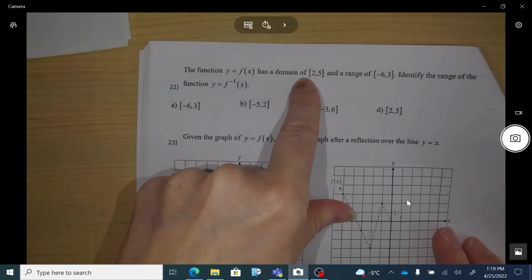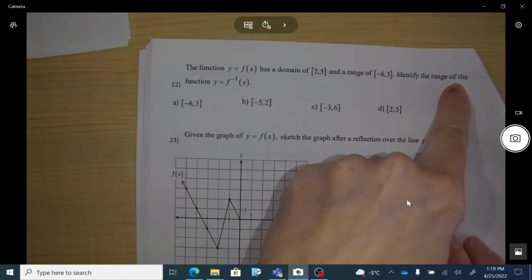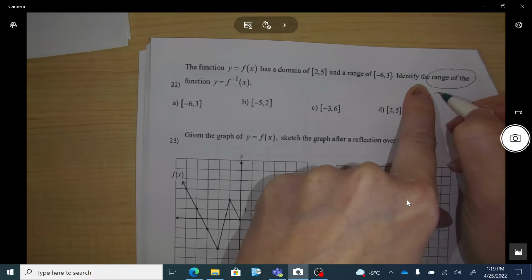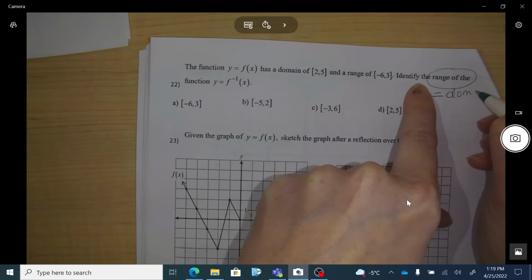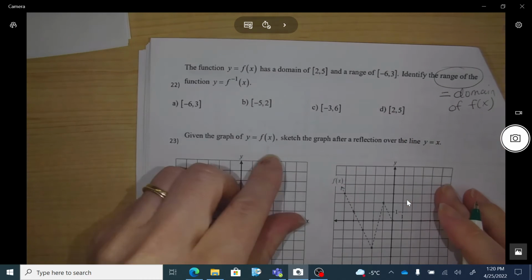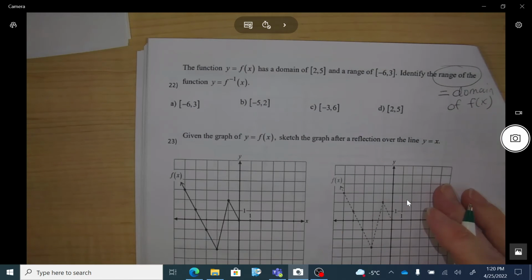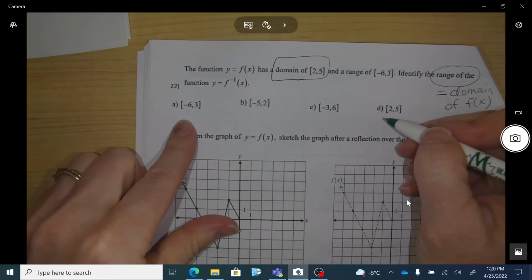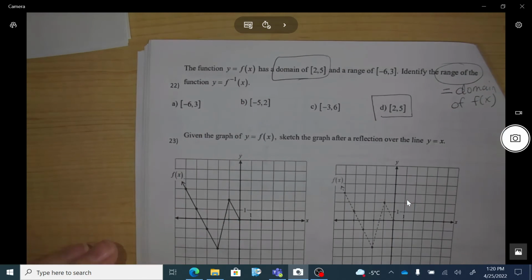We have a function that has a domain of that, range of that. Identify the range of the inverse. The range of the inverse will equal the domain of the original, which is that. So D.